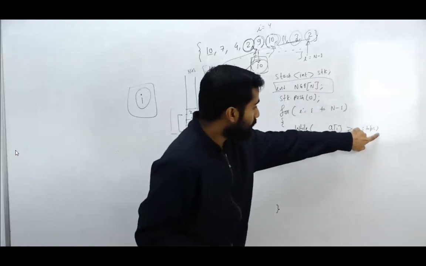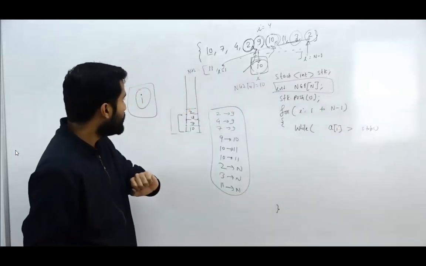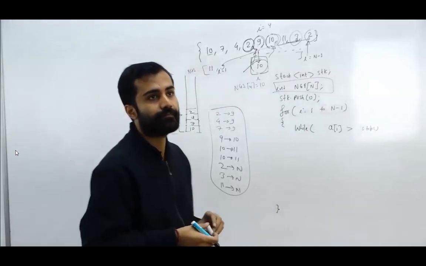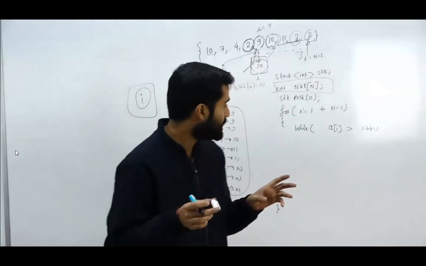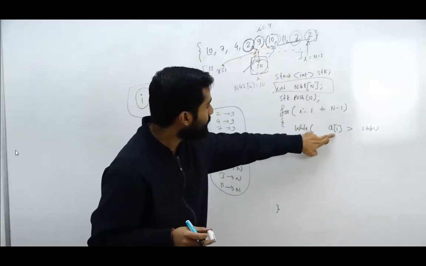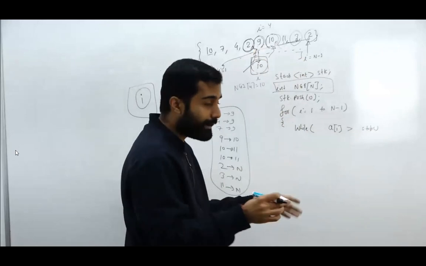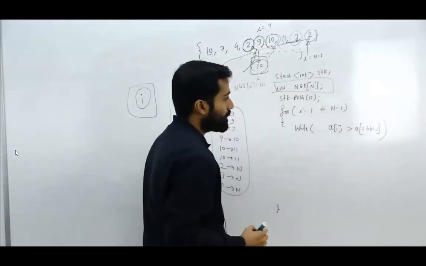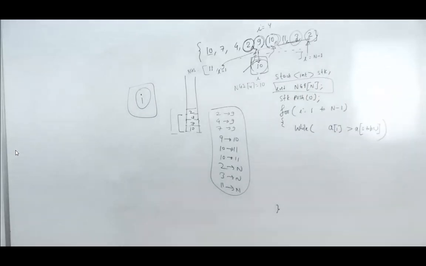Is this s dot top the element or is this index of the element? This is index of the element. So what will you compare current element with? You will compare current element not with s dot top, but with a of s dot top. You understand my point? Yes or no?